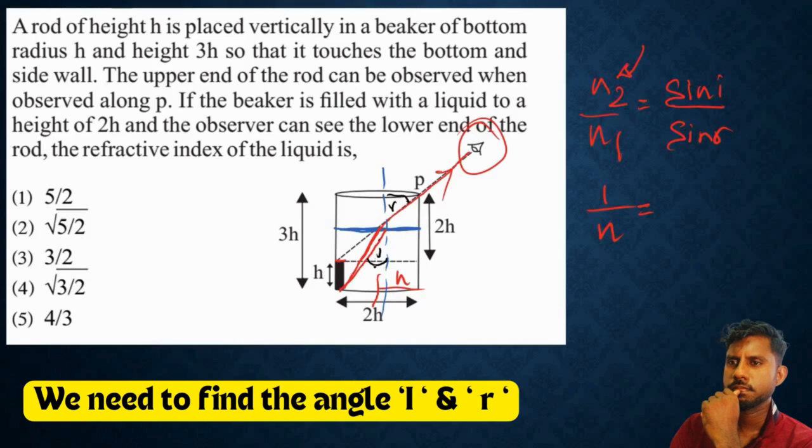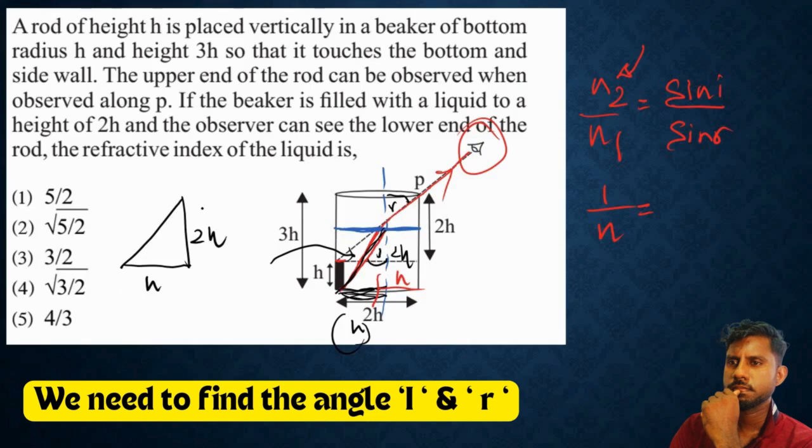So what's sin I? I hope you can see, the opposite length is h, and we need to find the value of this length. This side is 2h, this is h, so we can easily find the hypotenuse. Let's draw it like this: here we have h and here we have 2h.